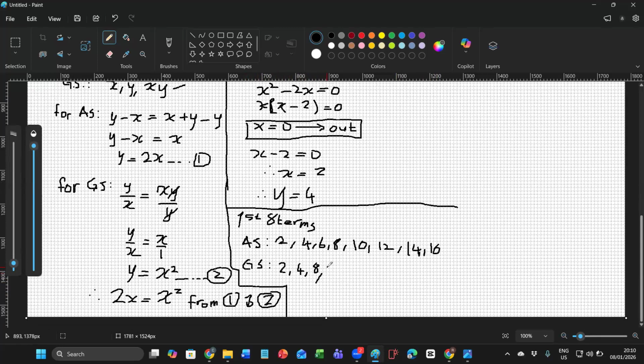And 8 times 2 is 16, 16 times 2 is 32, that's 2 raised to the power of 5. 32 times 2 is 64, 64 times 2 is 128, 128 times 2 is 256. Hope I've not passed that. 256. Okay.